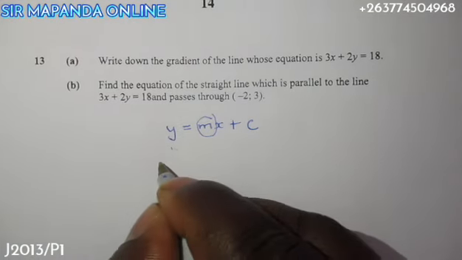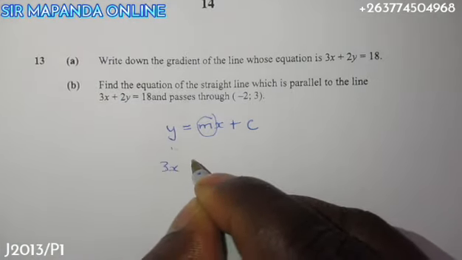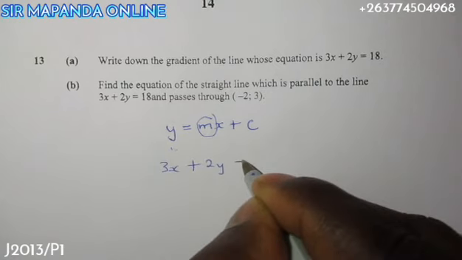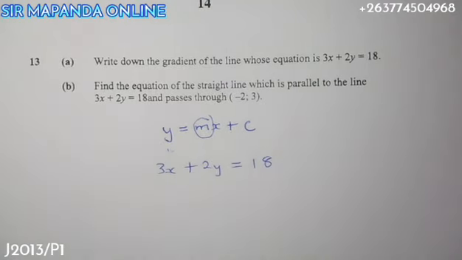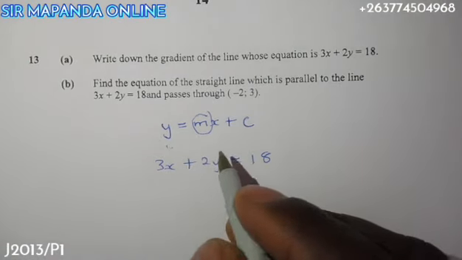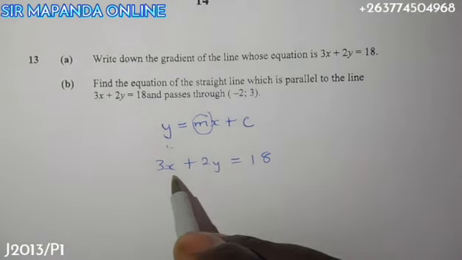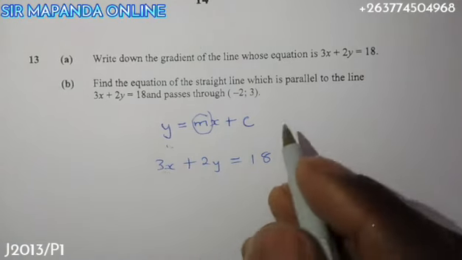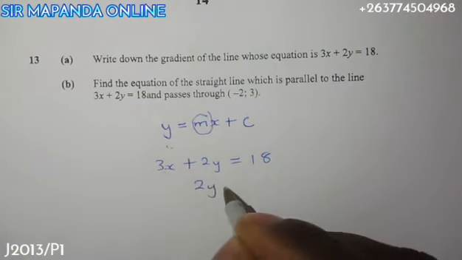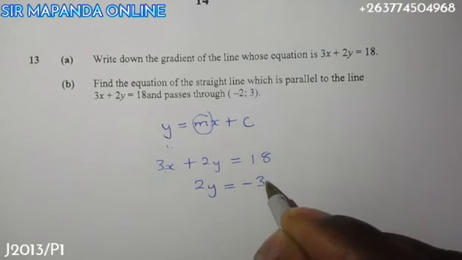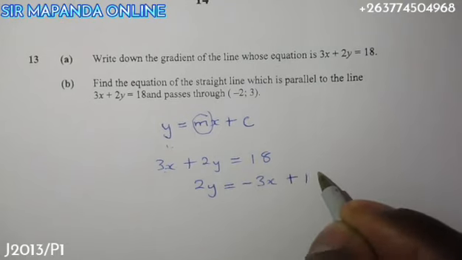So you are saying 3x plus 2y is equal to 18 is the given line. Make y the subject by moving 3x to the right side first. You get 2y is equal to minus 3x plus 18.